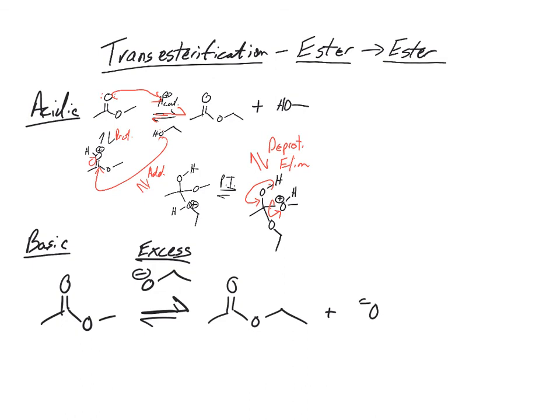We're still going to make this other group that falls off, which comes from here. Probably use an organic solvent here. I'm not really going to worry too much about that, but this one's a little simpler mechanism, as basic mechanisms are. The first step is an addition step. From the addition step, we get a tetrahedral intermediate. We balance our charge.